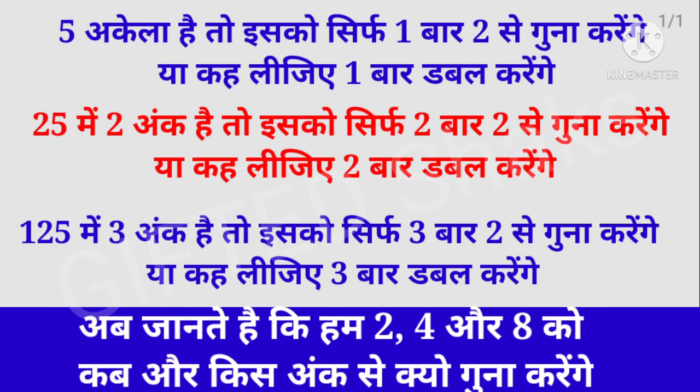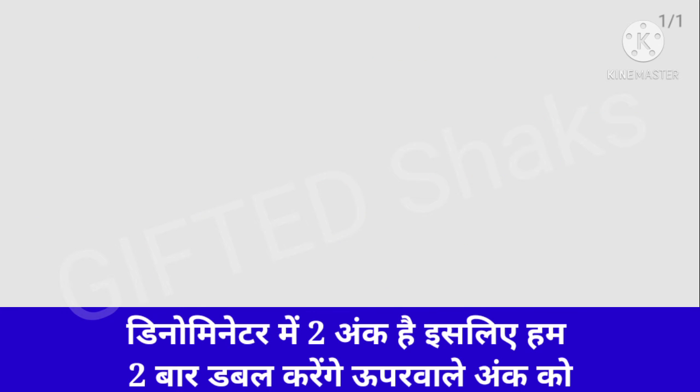Now take another category, if you have to divide by 25. It's not 5 now, it's 25, a 2 digit denominator. Let's take 800 divided by 25.